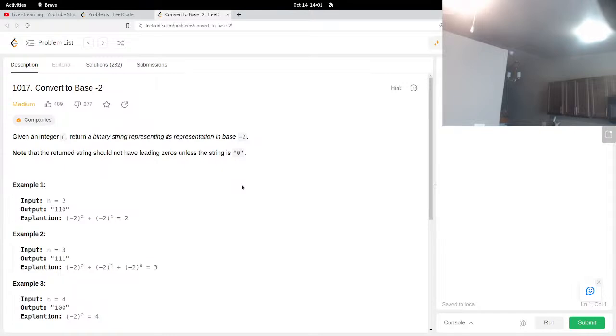Which again is going to be 2 to the 6th, I think 64, minus 32 plus 16 plus negative 16 plus negative 2 plus 1, which, yeah, it does give me 31.